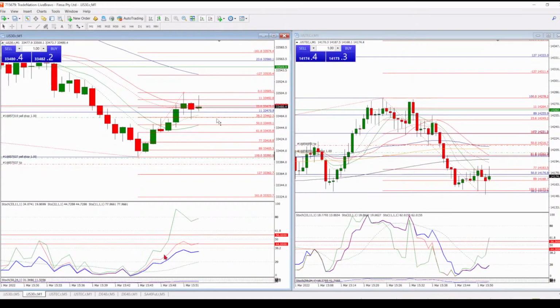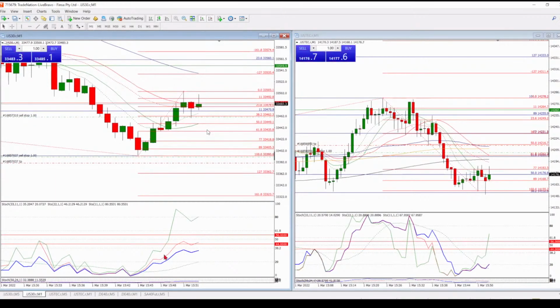Or rather take the extension flip trade, break of that 38.2, and use the separation just for momentum, basically.